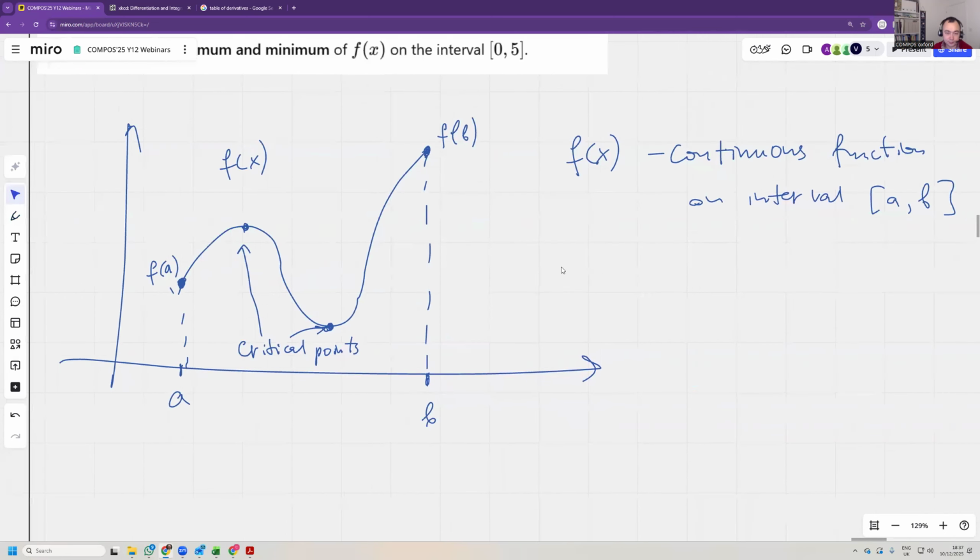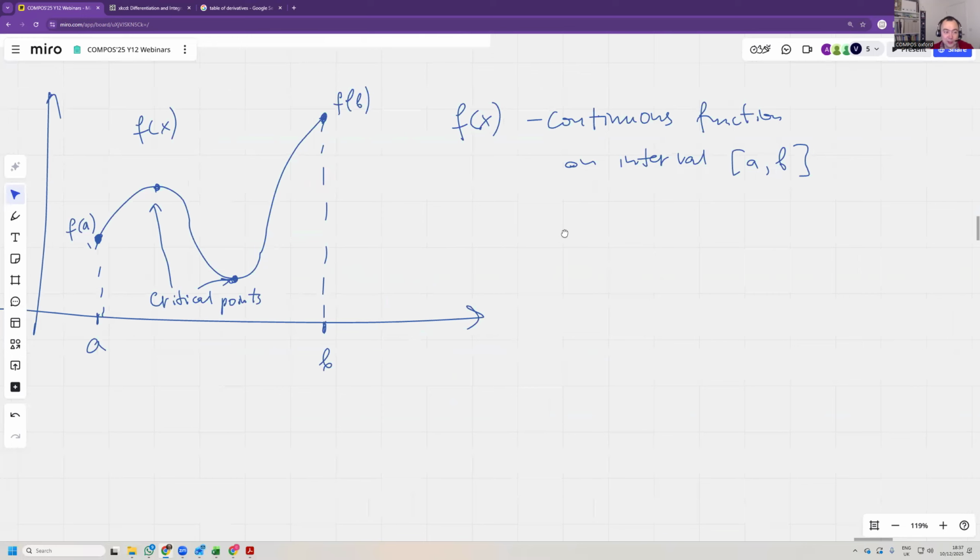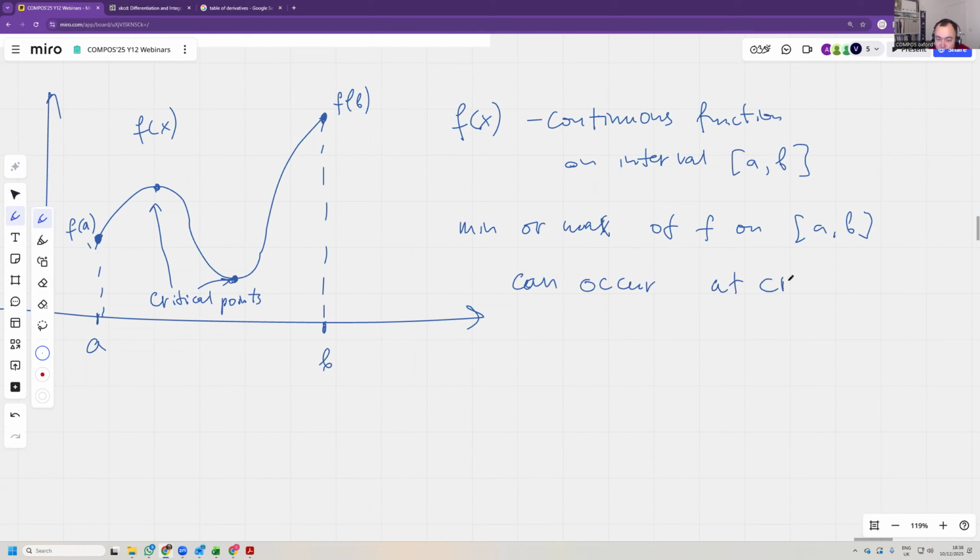So the minimum or maximum of f on ab can occur at critical points or at the ends of the interval.